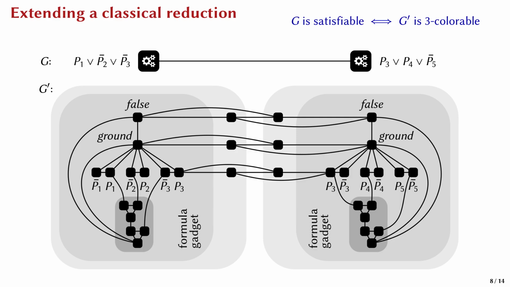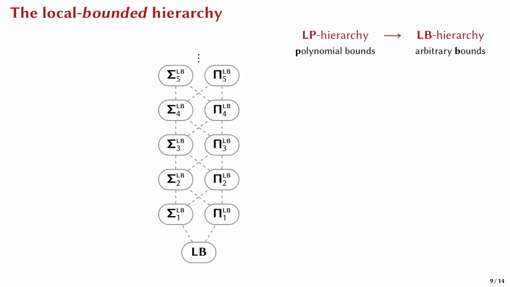So let's do that. Here's a hierarchy very similar to the previous one, but this time we replace polynomial bounds with arbitrary bounds. This means that identifiers are still locally unique and certificate sizes still depend on constant radius neighborhoods, but now this dependency can be an arbitrary computable function instead of just a polynomial. So what happens in this more general setting?